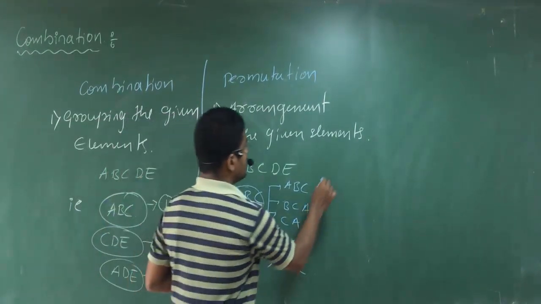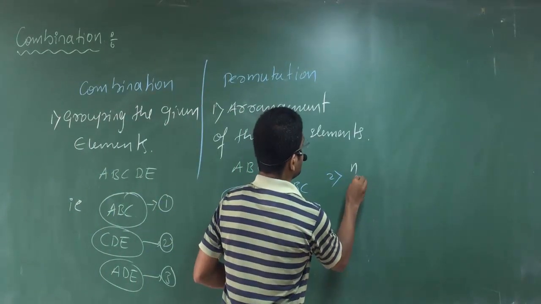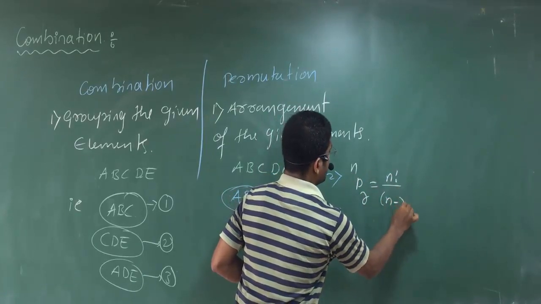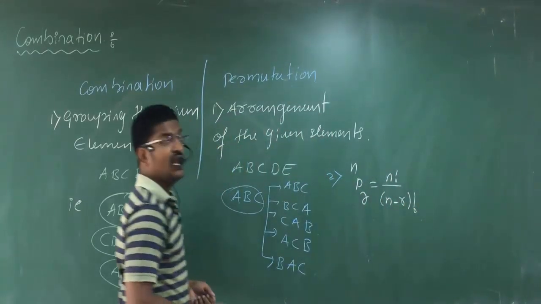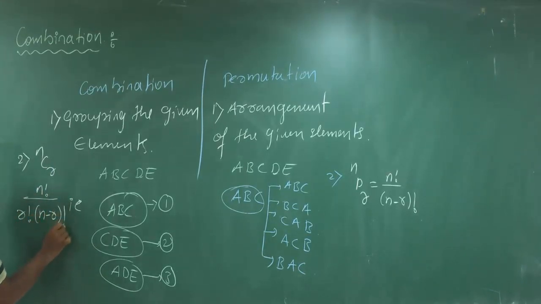The second difference is what? Permutation is given by the notation nPr, that is n factorial divided by n minus r factorial. Clear? But the combination is given by nCr, that is n factorial divided by r factorial into n minus r factorial.